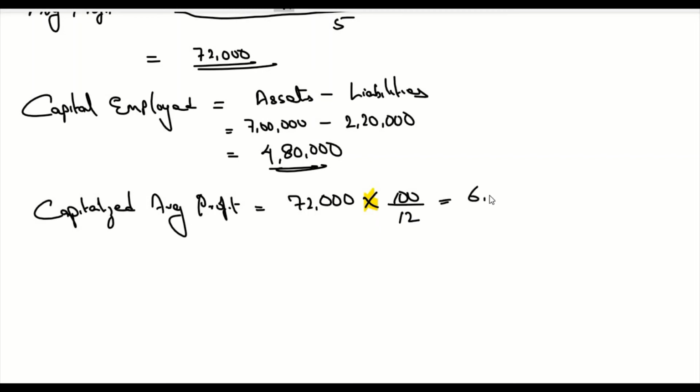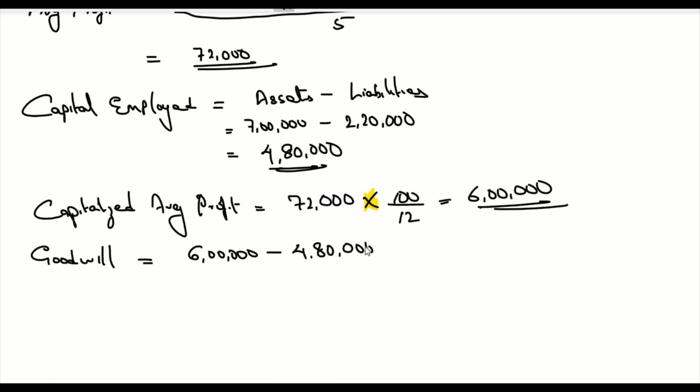That is equal to 6 lakhs. So we have the capital employed here and we have the capitalized average profit. Now goodwill. Goodwill is equal to the capitalized average profit minus capital employed. So it is going to be 6 lakhs minus 4,80,000. Which means the goodwill of the firm is equal to 1,20,000.